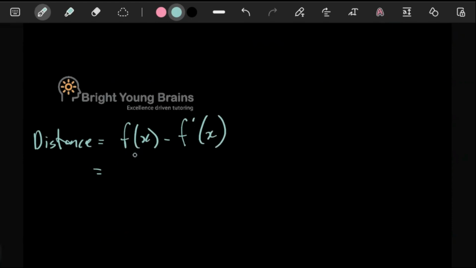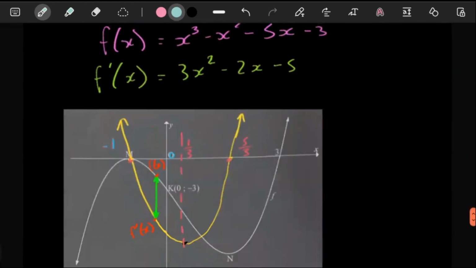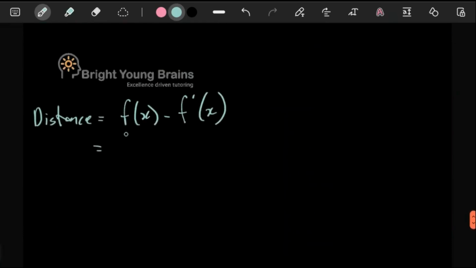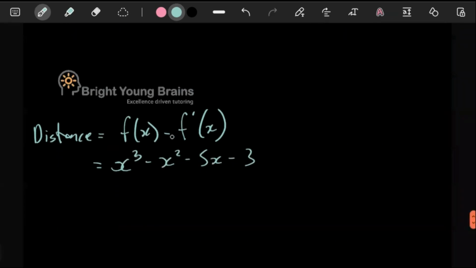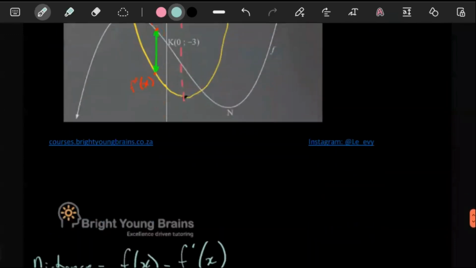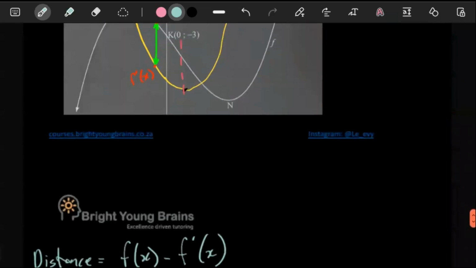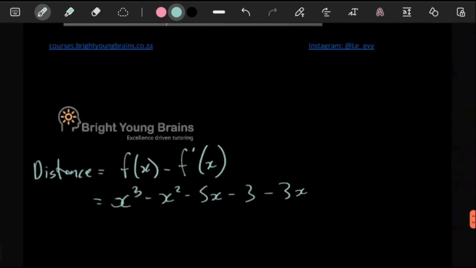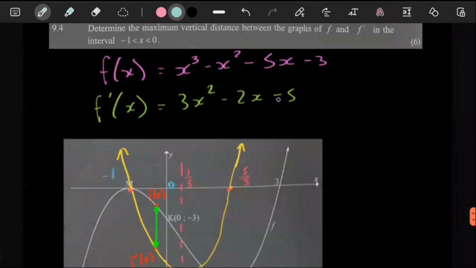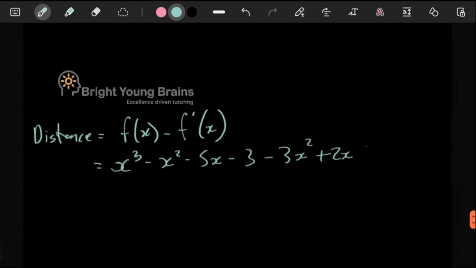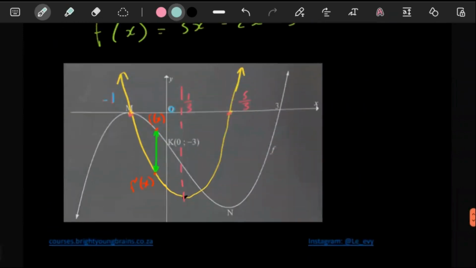The equation of f is x cubed minus this, minus this, minus this. And then you're subtracting the first derivative, so it's going to be negative this, and then positive that, and then positive that, because you're subtracting the first derivative.